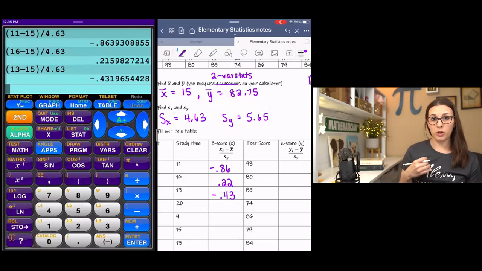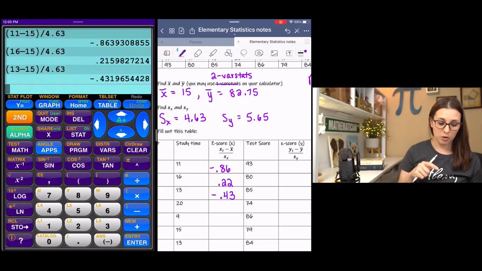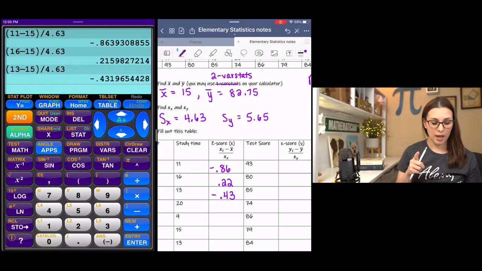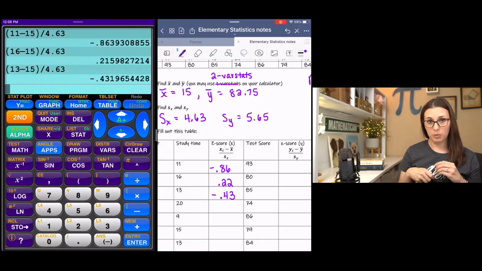While you're working, I want to show you a little life hack. Since we're typing in the same thing over and over again, to save yourself a little bit of time, you can type it in once, and you'll notice that when I typed it in, I have the numerator in parentheses to show the calculator that this is the numerator, and then divide by the denominator. The denominator is just one number, so I don't need a parentheses.